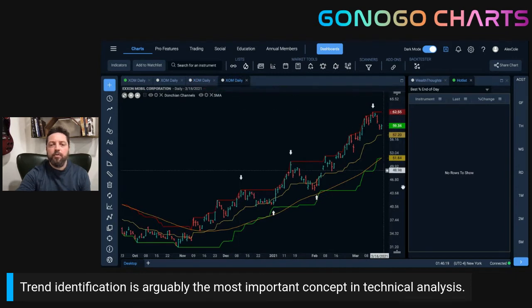But what if somebody wanted to try to automate the process of trend identification? This indicator that I've got on the chart is the Donchian channel. And that looks back over a recent time period to try to find what the highest high was and what was the highest low, or the lowest low if in a downtrend.